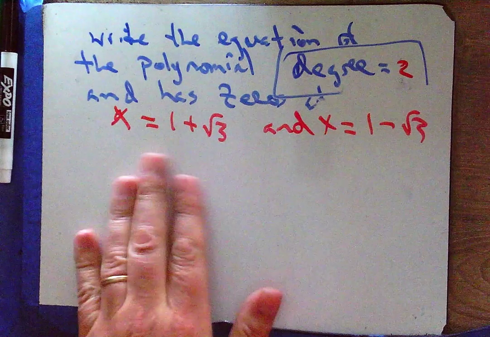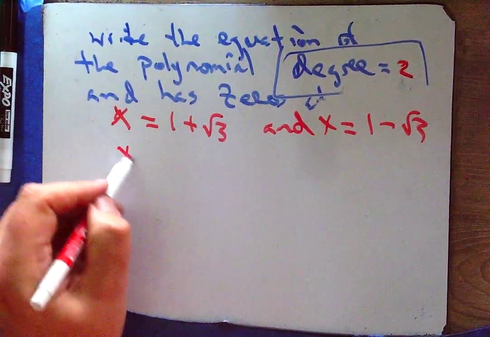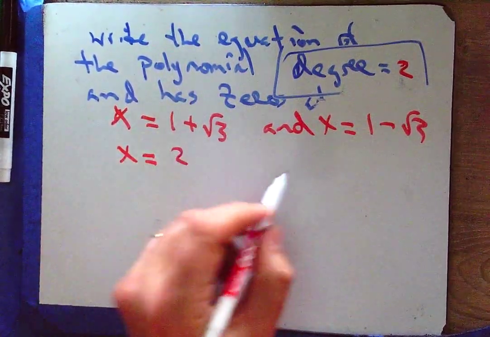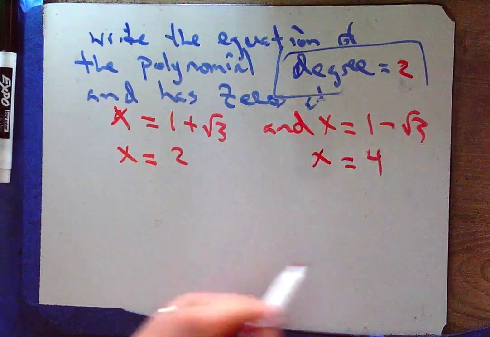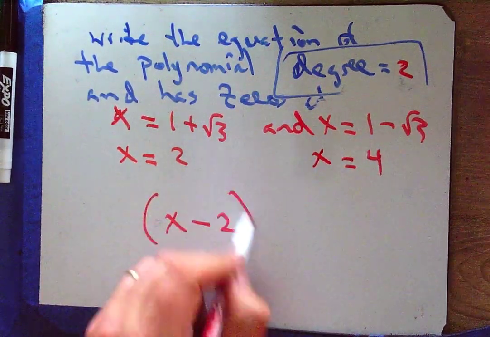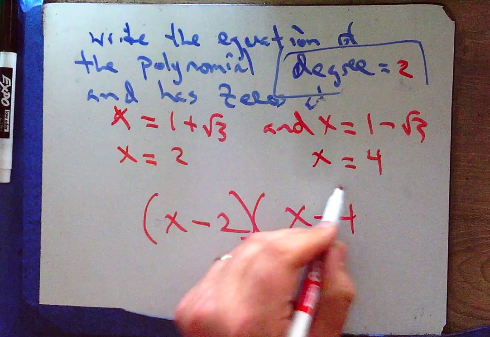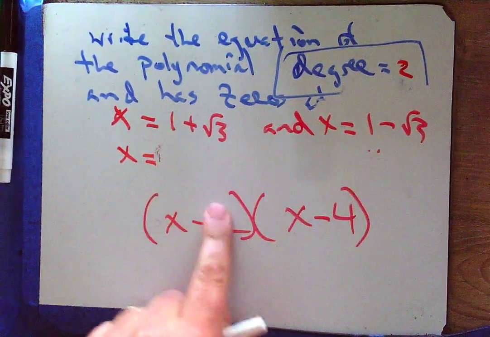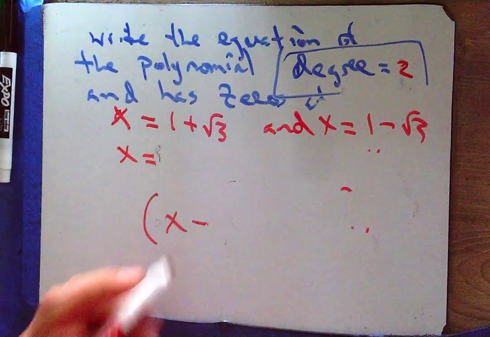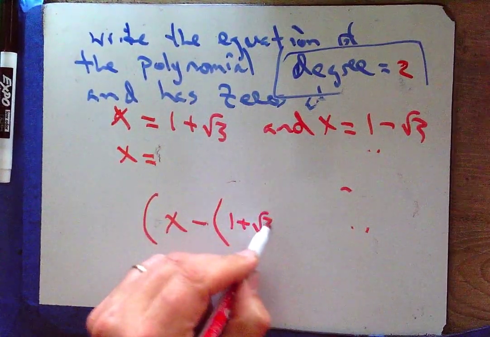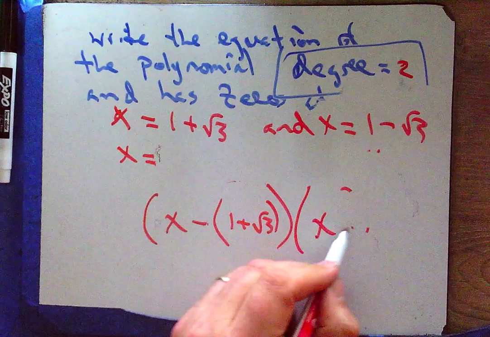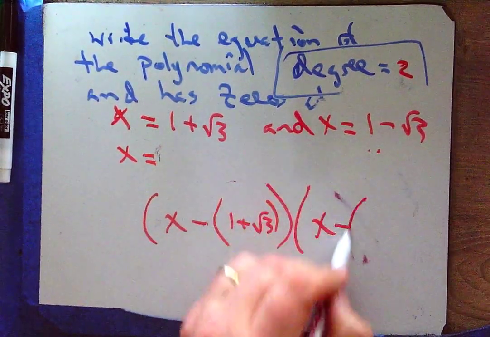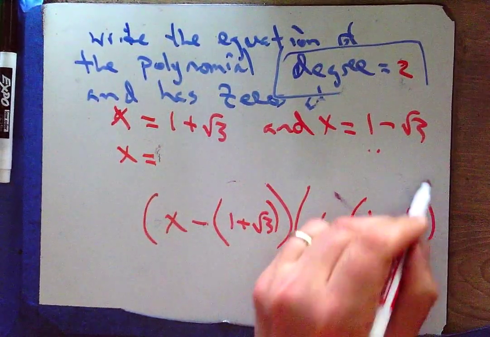Now, don't tell me you don't know what to do here, because when we had x-intercepts at 2 and x-intercepts at 4, you said x minus 2 and x minus 4. This is not going to be any different with these x-intercepts. It's going to be x minus 1 plus root 3 and x minus 1 minus root 3.